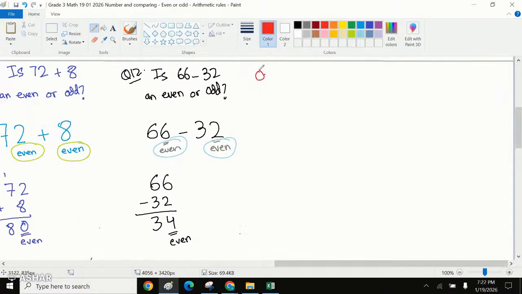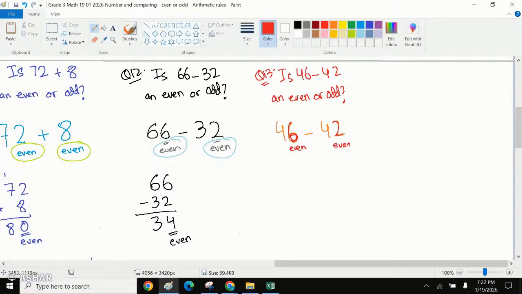Because both the numbers were even, we say the result will be even, right? Okay, let's see question number 13. It says, is 46 minus 42 an even number or an odd number? We know that 46 ends in a 6, that is even. 42 ends in a 2, that is even.